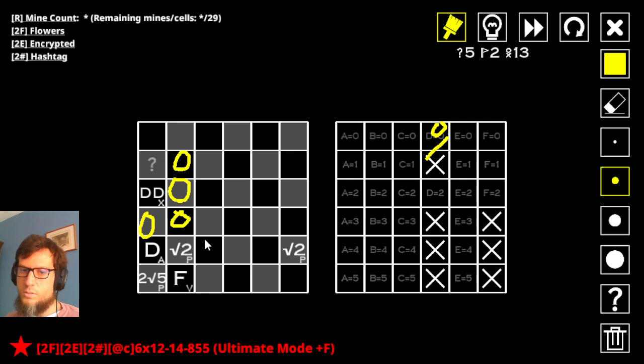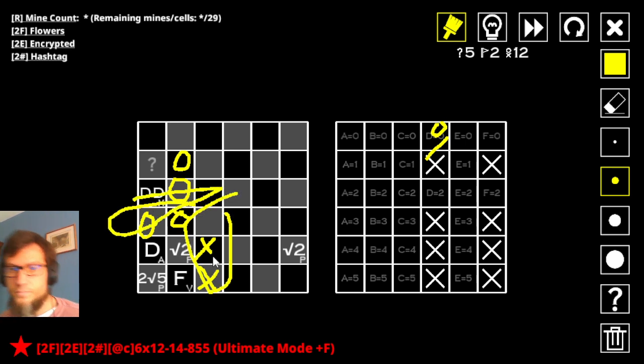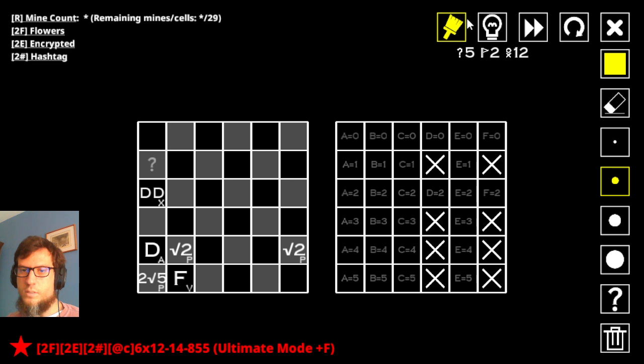Yeah. So this root 2 is like, okay, I need that to be a mine. Okay. And this 2 root 5 is like, well, I need something 2 distance away to go with this root 5, so it has to be that. So that means F can't be 1 either, actually, as it turns out. So you either get both of these or both of those, and nothing really in between. But I guess in either case, these are not mines. Indeed.